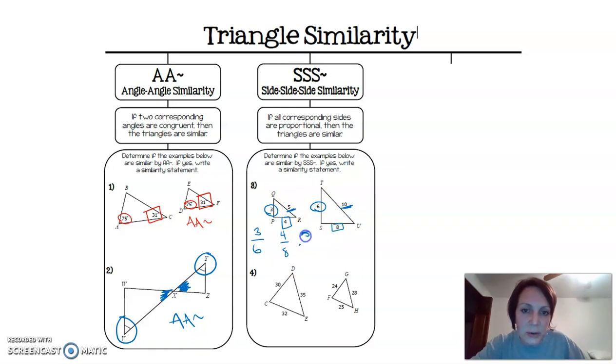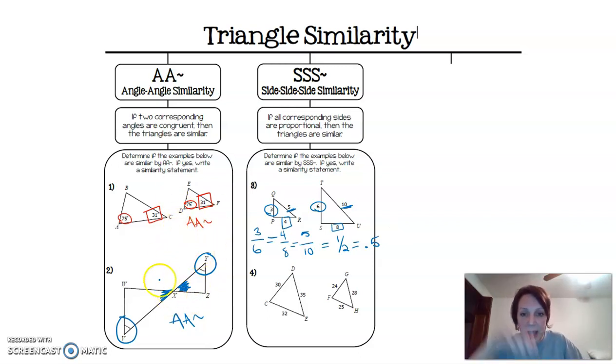So my third ratio is 5/10. Now again, they don't look the same initially, but if you reduce them, all three of these ratios are going to reduce to the same number. These all reduce to 1/2. If you're not good at reducing fractions, throw them in the calculator. You will see that all three of those come out to exactly 0.5. They need to be exact, not close, exact.